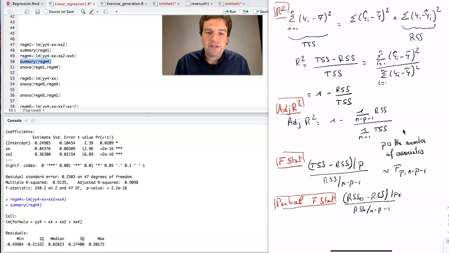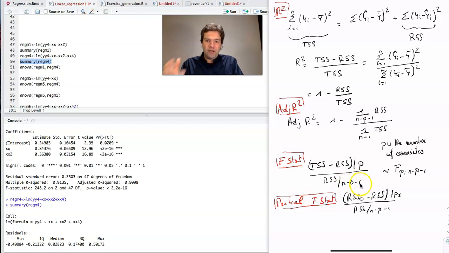Okay, we have this adjusted R square, we have the R square, and with that we can construct this formula of the F-stat, which is very close to the two previous ones: TSS minus RSS, divided by p, the number of covariates, over the residual sum of squares divided by n minus p minus 1, where n is the size of the sample.